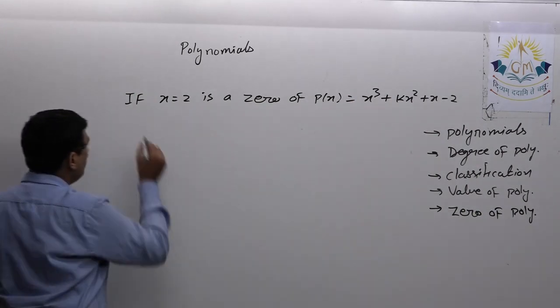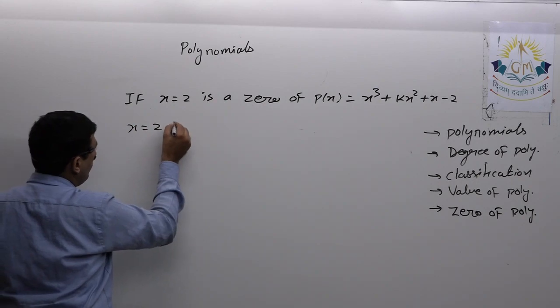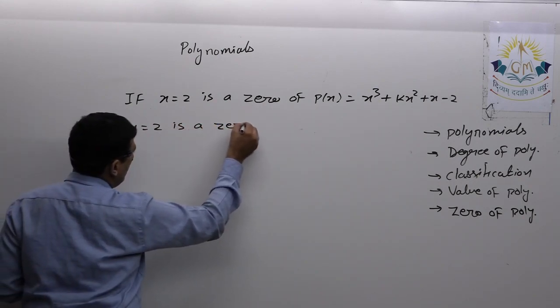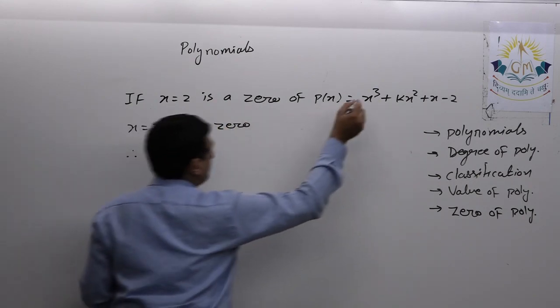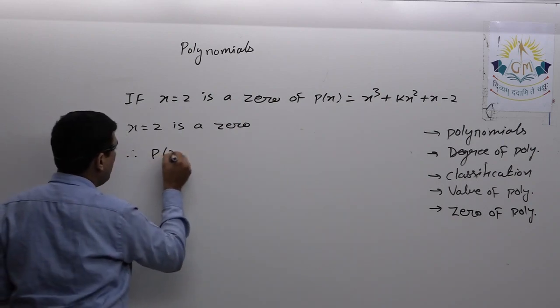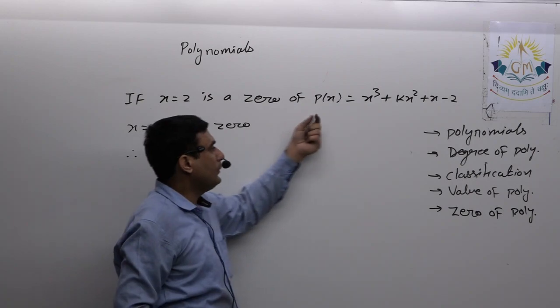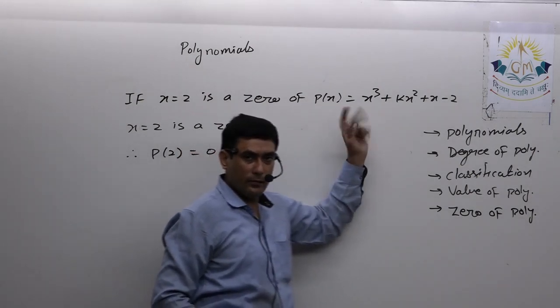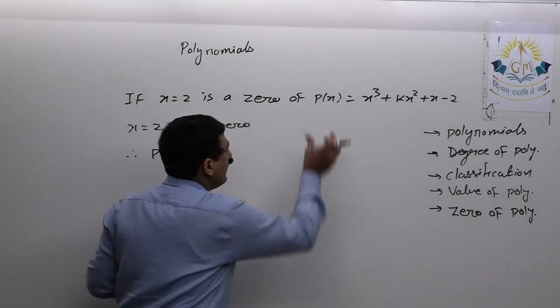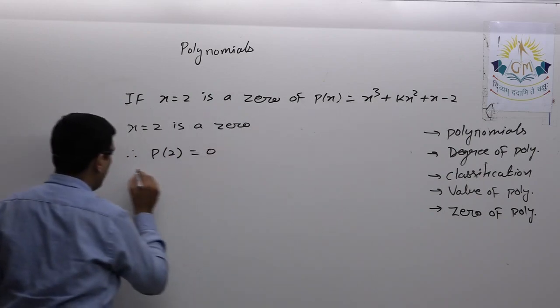So what we will do, see, x equal to 2 is a zero. So I can write, p of 2 must be 0, isn't it? Because x equal to 2 is a zero. That means if we put x equal to 2 in this, we should get 0. That means p of 2 must be 0.